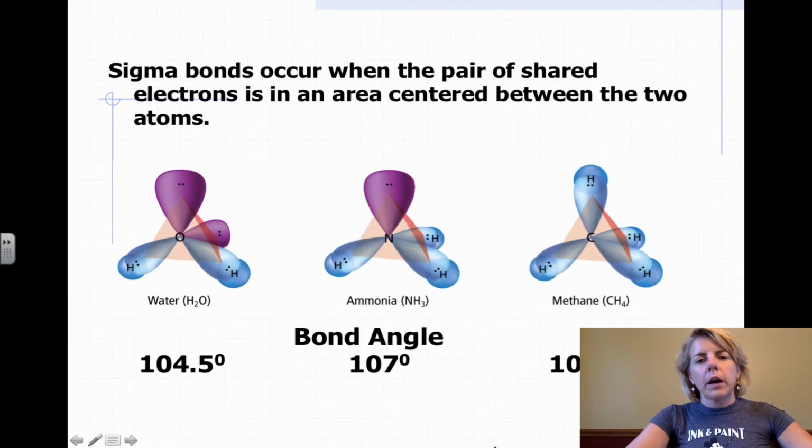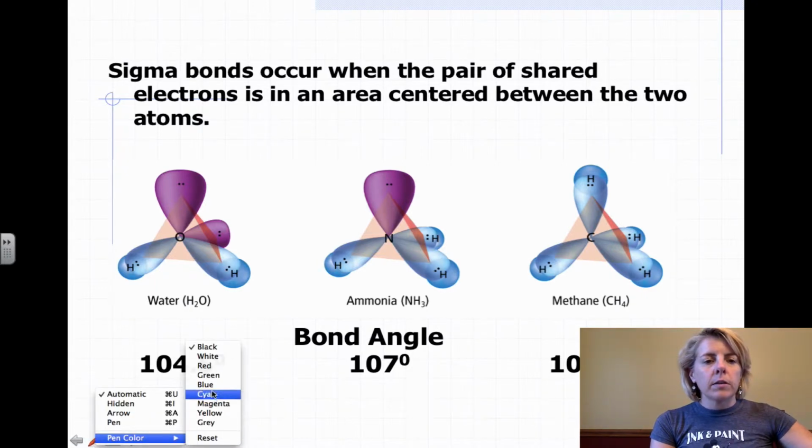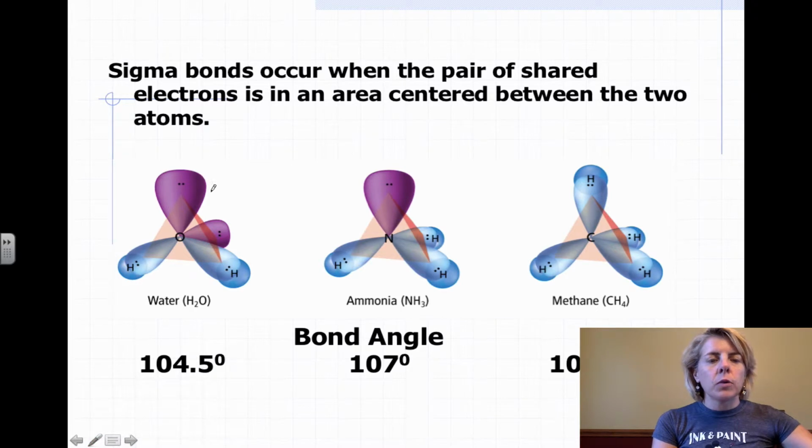So here are 3 different types of bond angles between covalent bonds. So notice that water, and you need to pay attention to these purple lobes. These are lone pairs of electrons. And in this section of the chapter, it's very important to observe where you see lone pairs of electrons.